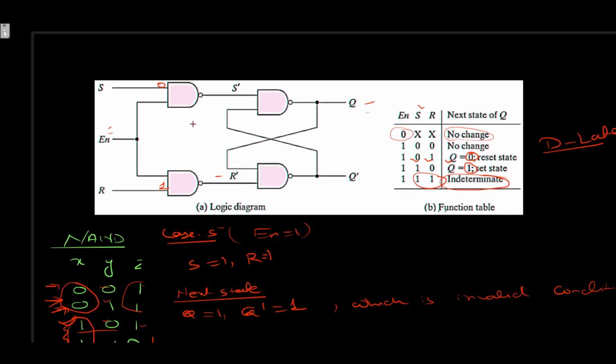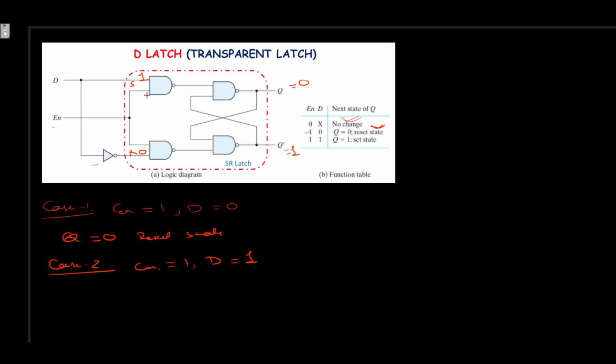We have discussed that if S is equal to 1 and R is equal to 0, then Q is equal to 1. I am not explaining how this is set or reset when the S and R values change, so you can refer to the previous video. So in this case Q will be equal to 1 and it is called the set state.